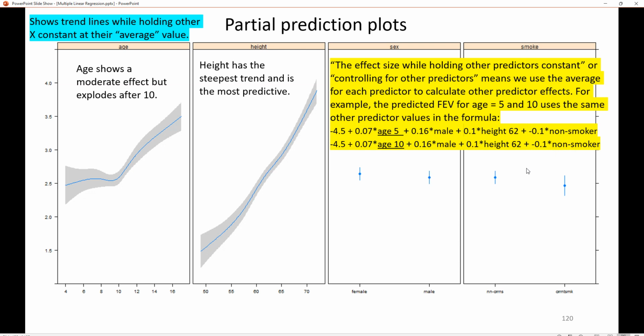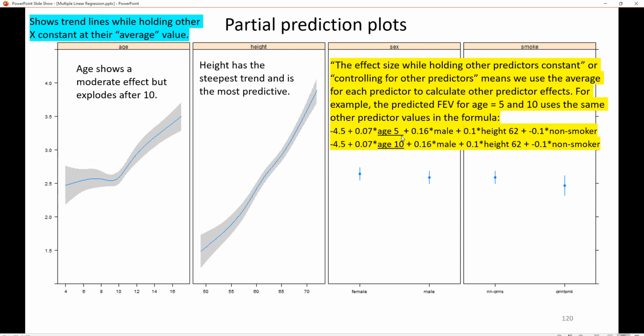So when we say that we're holding values constant or controlling for other predictors, this is what we're doing. When we want to estimate the effect of one variable, we vary it using different values for that predictor.